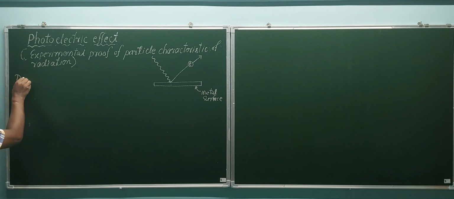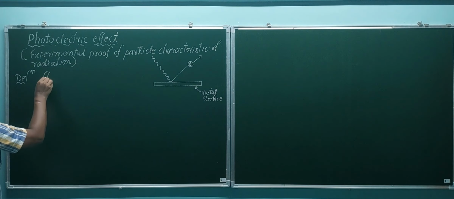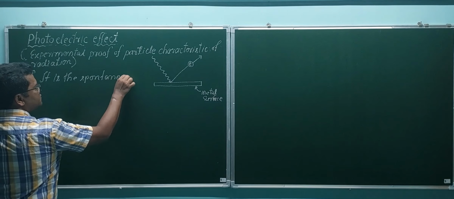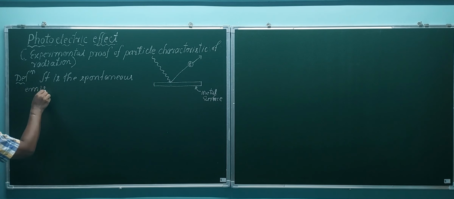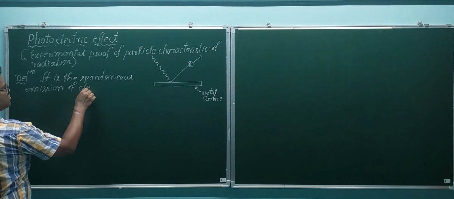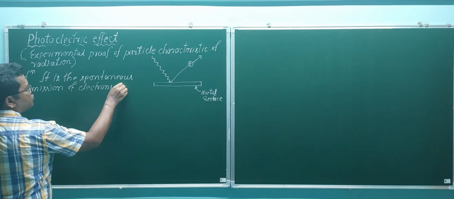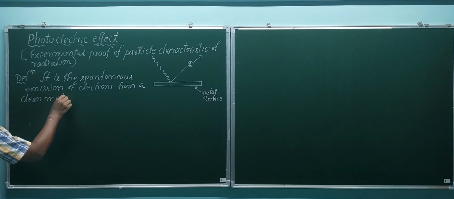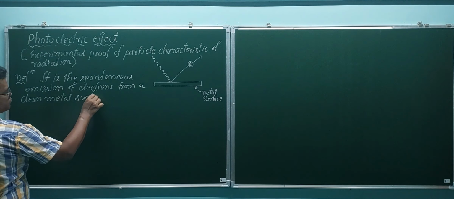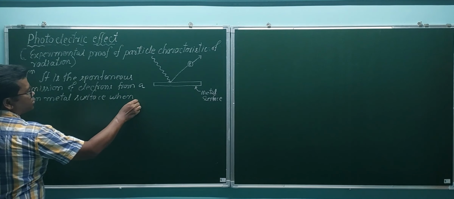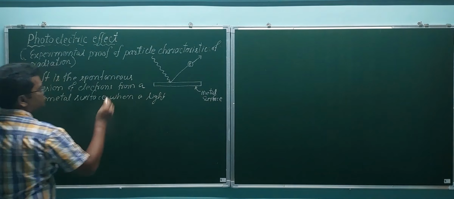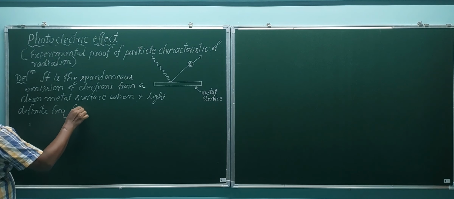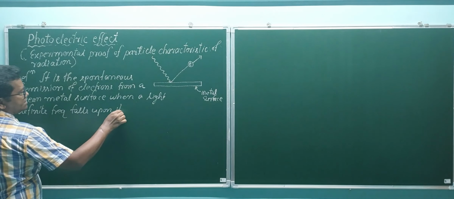So the definition is: it is the spontaneous emission of electrons from a clean metal surface when a light of definite frequency falls upon it.